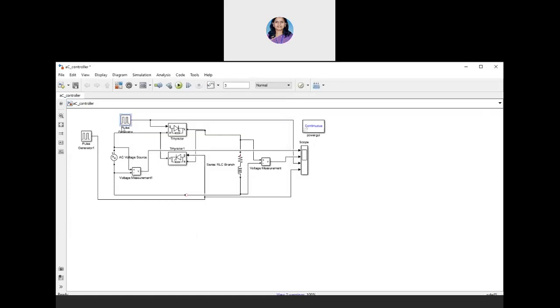In the first pulse generator, we have fixed the firing angle, and in the second pulse generator you have to use the firing angle, but it will be added with pi, because we know the second thyristor is fired at pi plus alpha. So the first is alpha and the second thyristor would be calculated as pi plus alpha. This is the important thing while you are doing the modeling in MATLAB for the AC voltage controller.